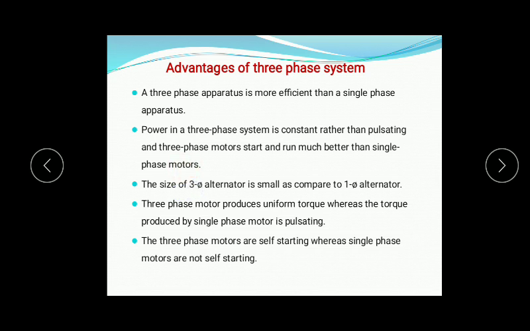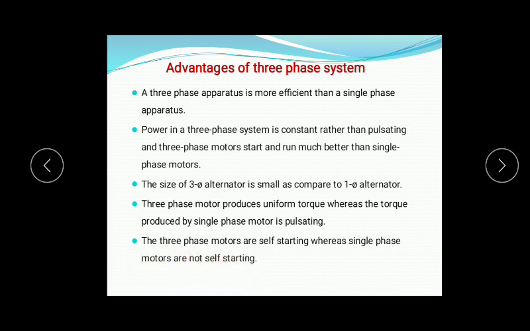The size of the three-phase alternator is small as compared to a single-phase alternator. The three-phase motor produces uniform torque, whereas the torque produced by a single-phase motor is pulsating. Three-phase motors are self-starting, whereas single-phase motors are not self-starting.